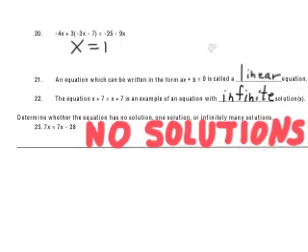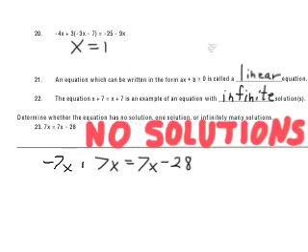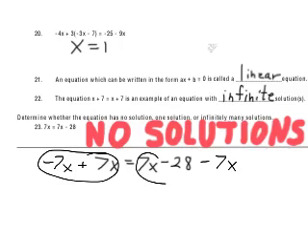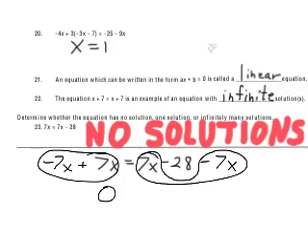Of course, we could take 7x equals 7x minus 28, and subtract 7x from both sides, or add a negative 7x to both sides. These turn to 0, so then we have 0 equals a negative 28, which can't be true, so it's a no solution situation.